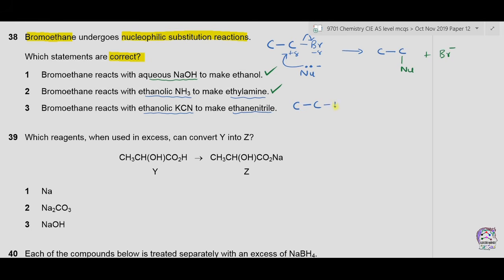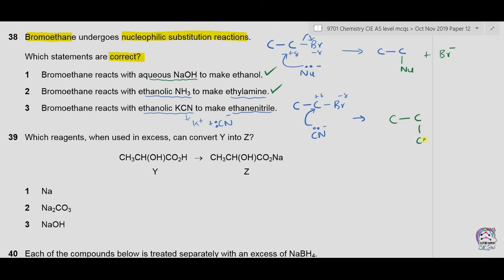We have bromoethane. As KCN will produce K plus and CN negative, and there is a lone pair present on cyanide, it will attack the partial positive carbon. The product formed will be like this.